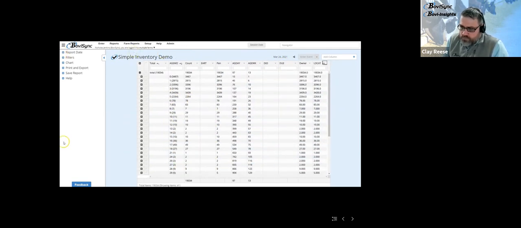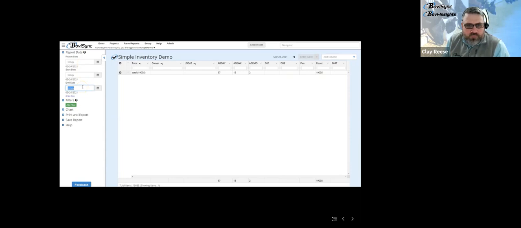On the left-hand side of the screen is our main filter area, where we can enter the report dates, the start date and end date of the report, as well as any additional filters. For instance, if you wanted to see all the animals in the last 30 days, you would change the start date to 30 days ago.